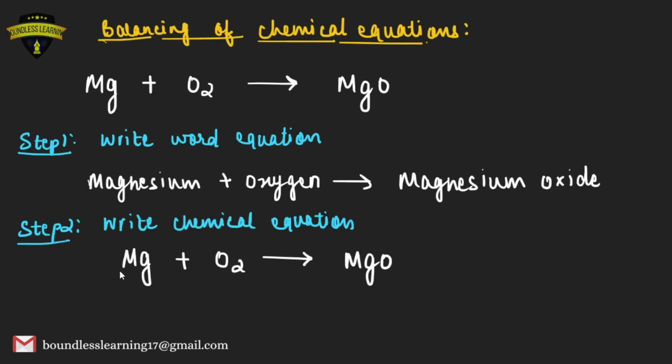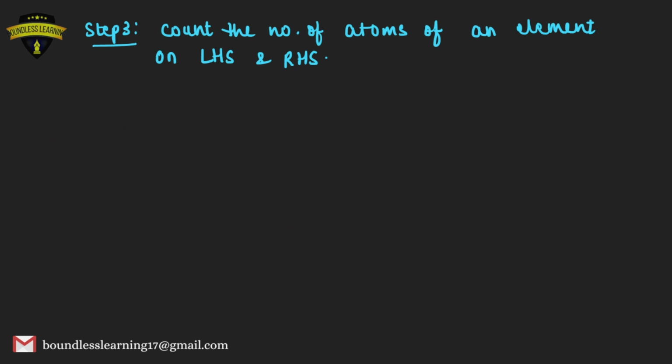We have this equation: Mg plus O2 gives MgO. Now we'll start by counting the number of atoms of each element involved in this equation.